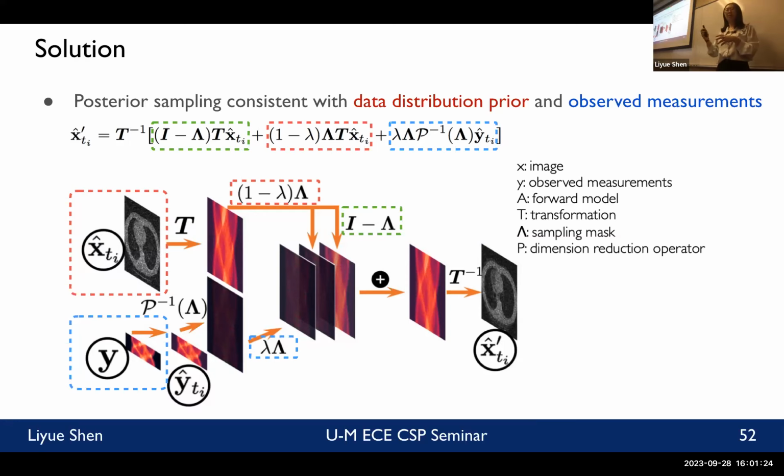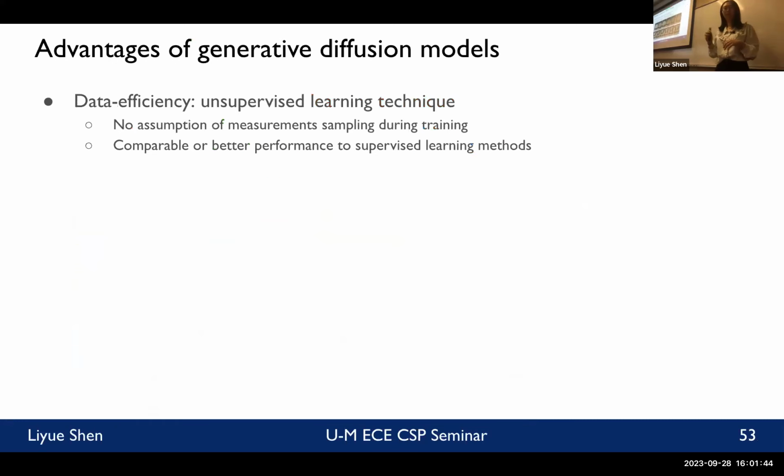For the part inside the sampling mask, we combine the information from the measurements and the current sample. So this can be considered a weighted combination of the two sources of information to get our sampled images through this generative process.